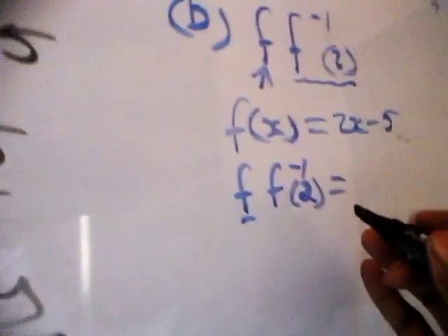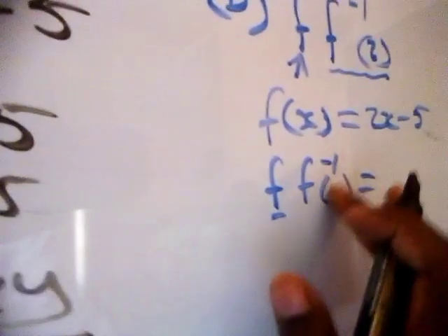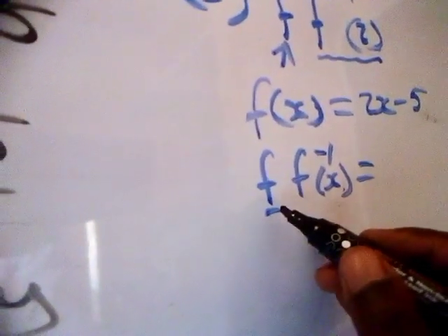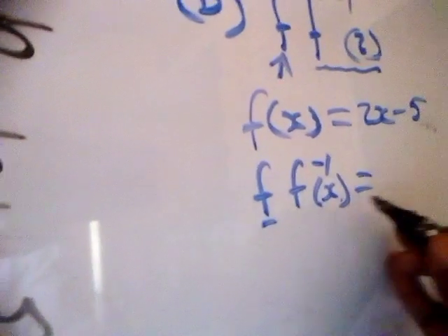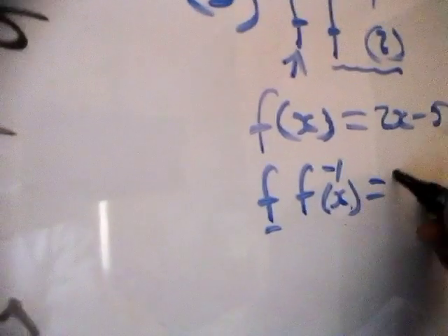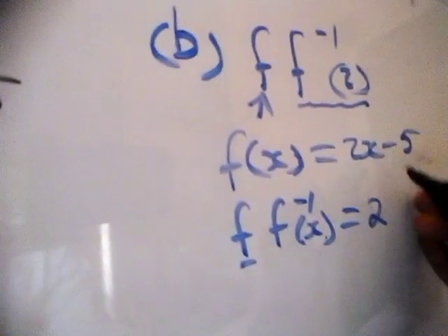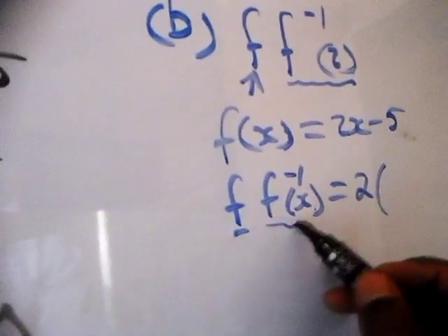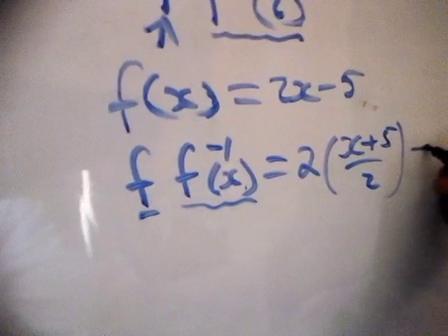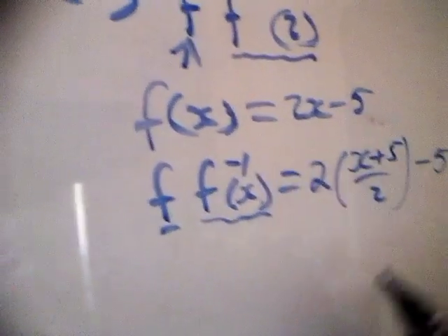Before we even substitute 2, we write the f function of the inverse of f of x equals 2, where there is x, we put the inverse of f of x, which is x plus 5 over 2. So we say 2 times the parenthesis x plus 5 over 2, close, then minus 5, because we're substituting here.